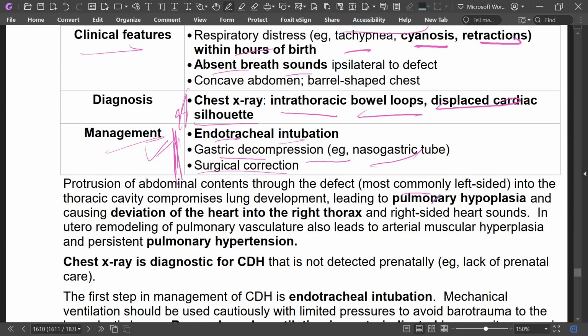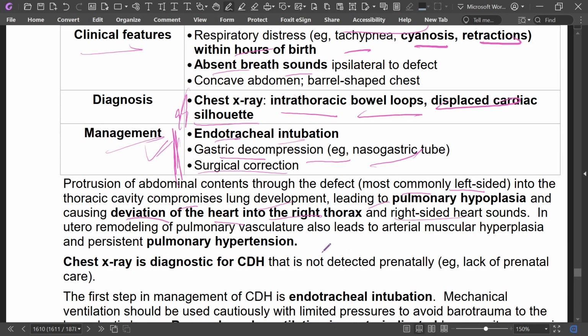Protrusion of the abdominal content through the defect, most commonly left-sided, into the thoracic cavity compromises lung development, leading to pulmonary hypoplasia and causing deviation of the heart into the right thorax. There is right-sided heart sound.